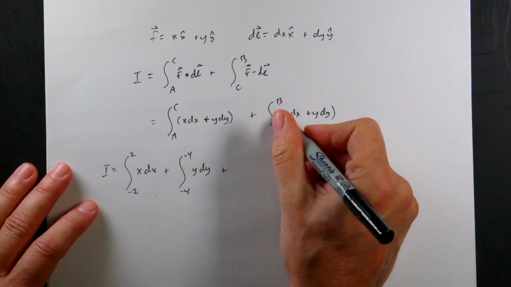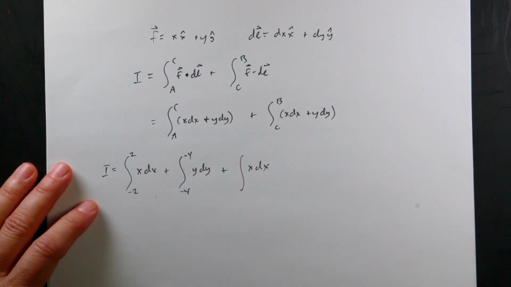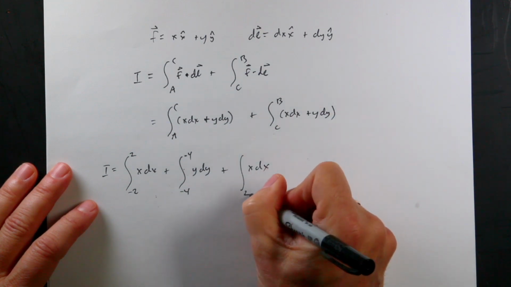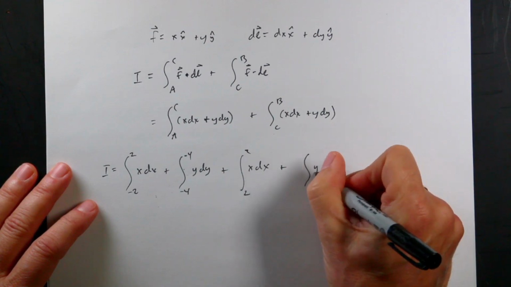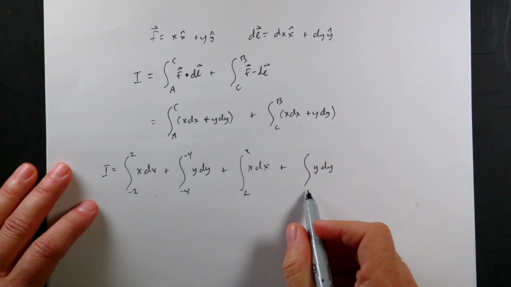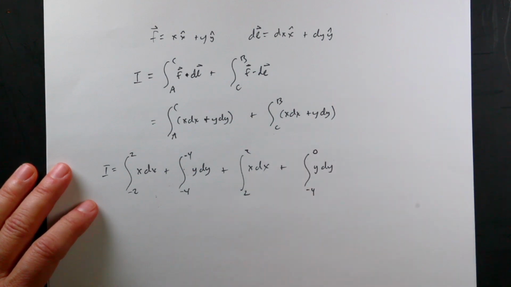And then I get this other one: the integral of x dx, with x going from 2 to 2, plus the integral of y dy from -4 to 0.